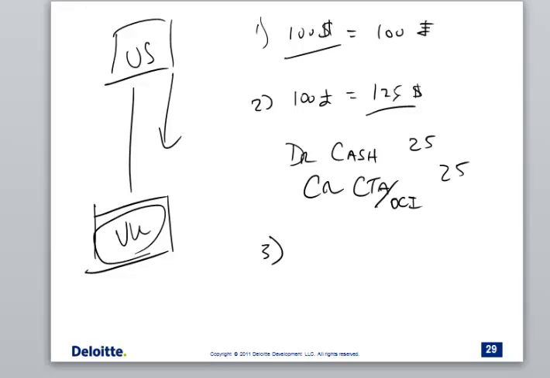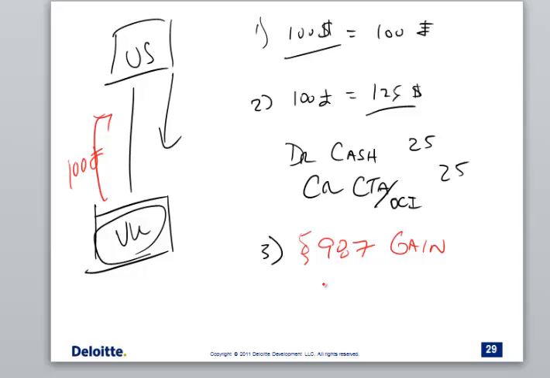Okay, so then what happens on date 3 if we give up our 100 pounds back to the US? What if we just said, oh, we're not going to actually run that business, forget it. We'll bring that money back to the US. What happens for tax purposes? We have a Section 987 gain.